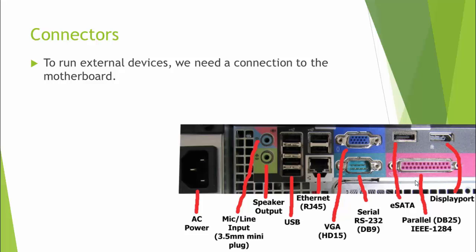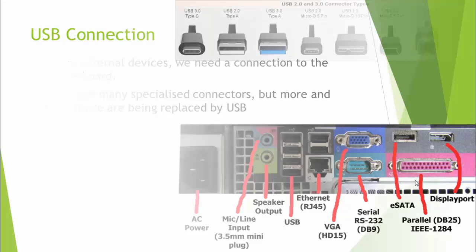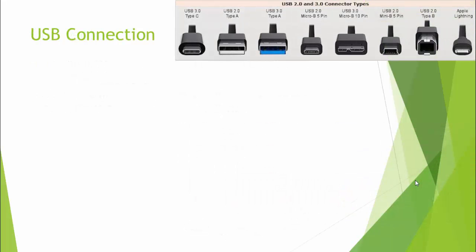And there are lots of these kinds of things, and you should be able to recognize these kinds of connections. They are fairly specialized, and the good news is they're largely all being replaced by various flavors of USB. And for this reason, we focus a bit more on the USB connectors.